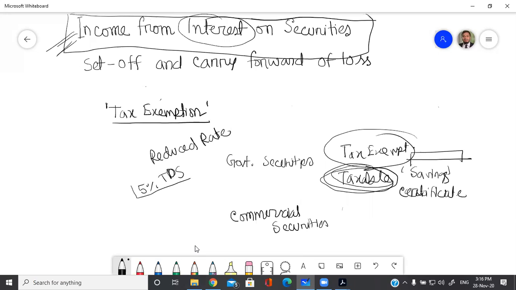So some people in our country misunderstood this rule. So how they misunderstood this rule? In a way, they think that as I have paid 5% TDS on the savings certificate interest income, so I do not need to show this interest income from savings certificate anymore in my income tax return.